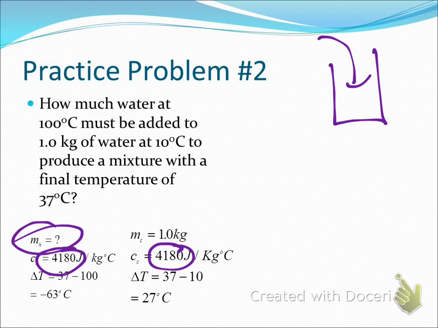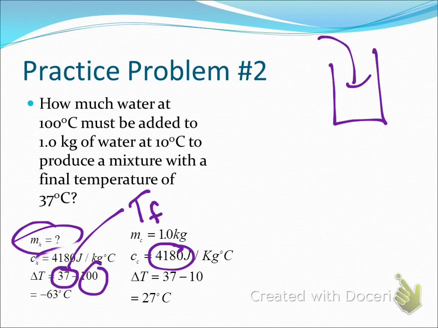The other aspect is looking at your temperature change. And this is the important part of these questions. When we look at the hot side, it's final temperature subtract initial temperature. So the 37, that's your T_F.